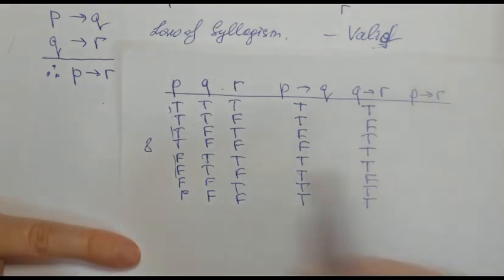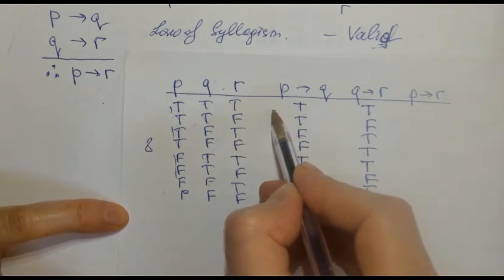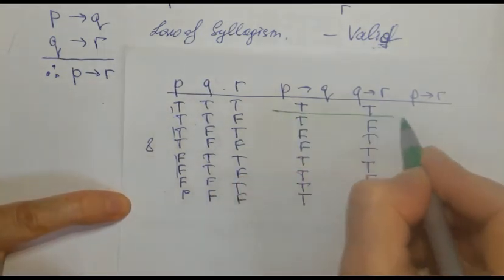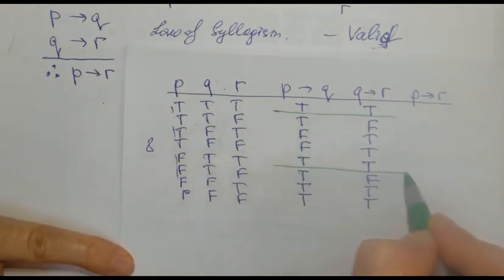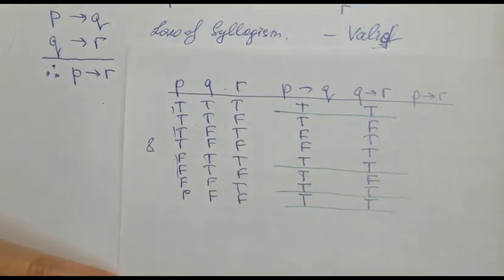So for the last column, we don't need to know every truth value in this column. We consider only the lines where both premises are true. This line and this line. And here. This and this. So in 4 lines, both premises are true.